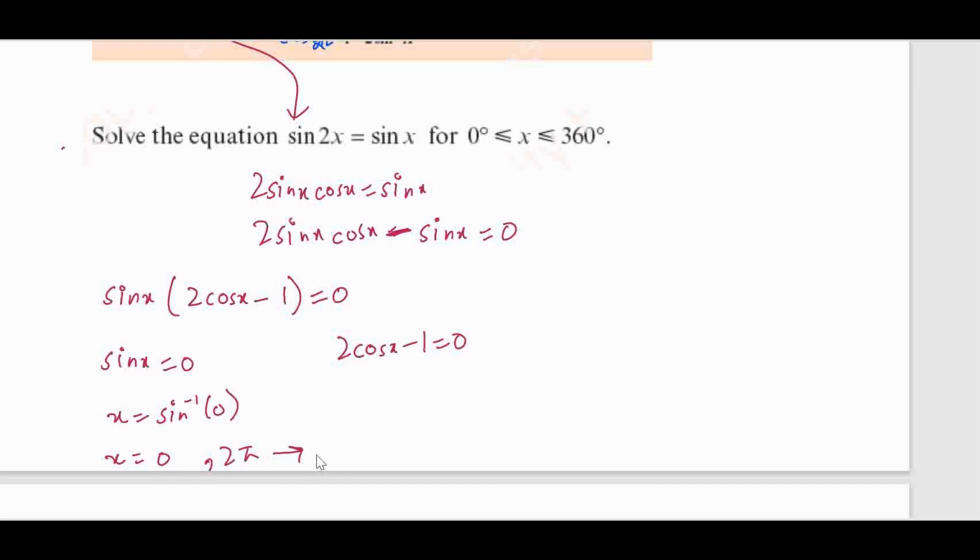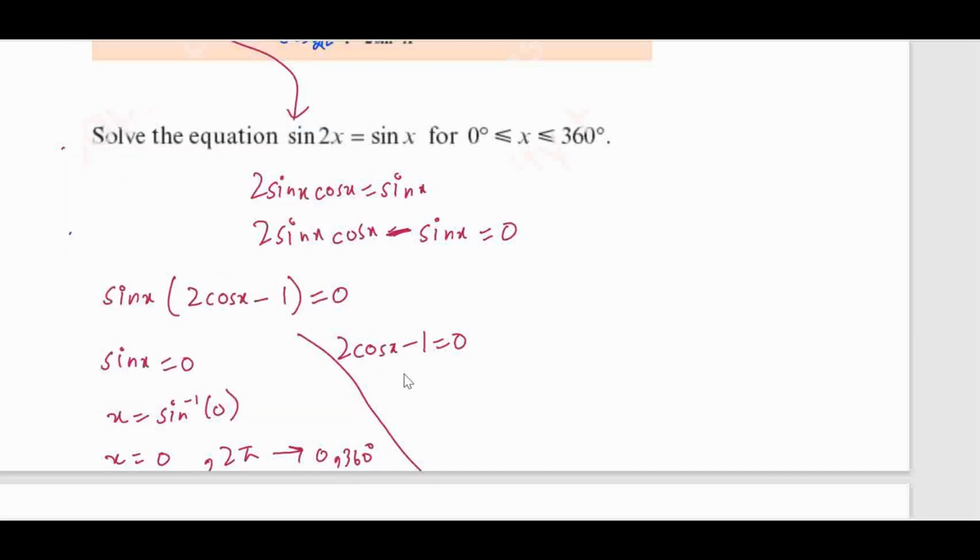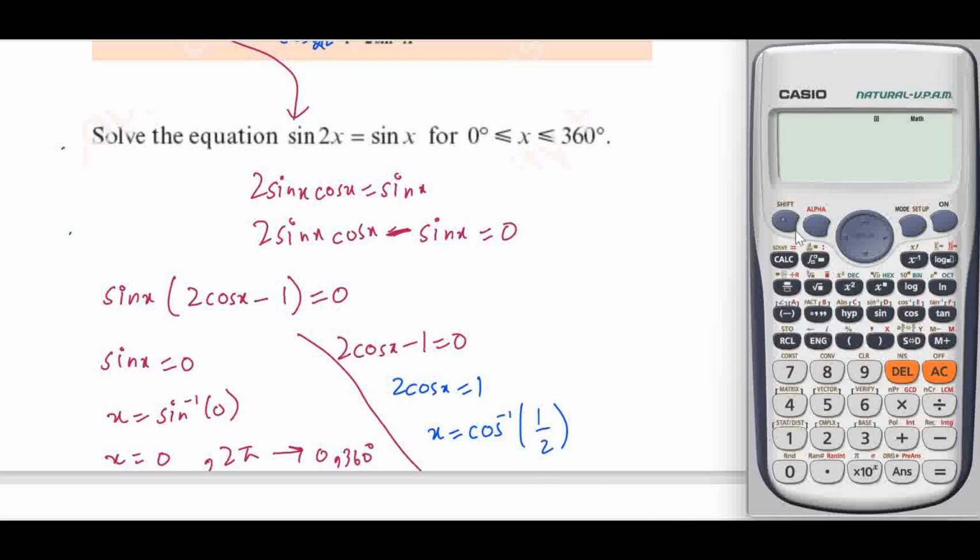Now let's do the second part. We can write it as 2 cos x equals 1, which means x will be equal to cos inverse of 1 by 2. Now this will be the reference angle, so let's find it out.